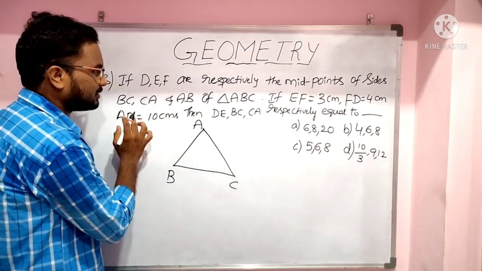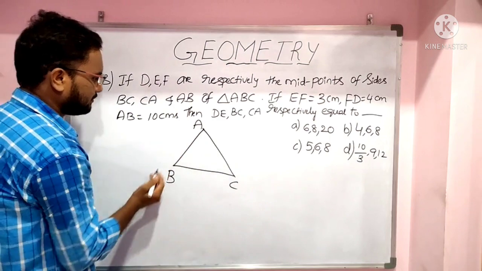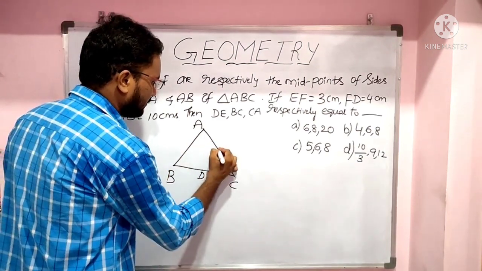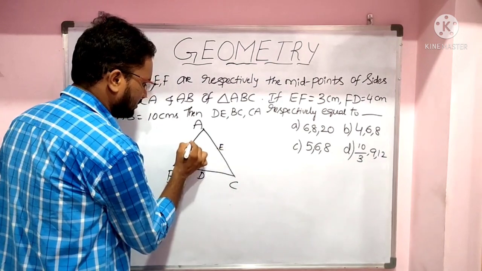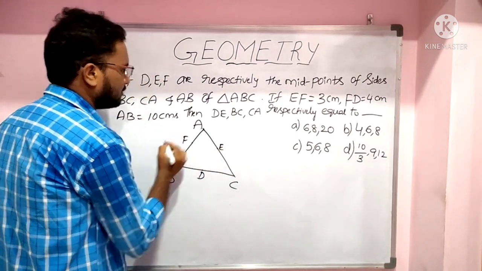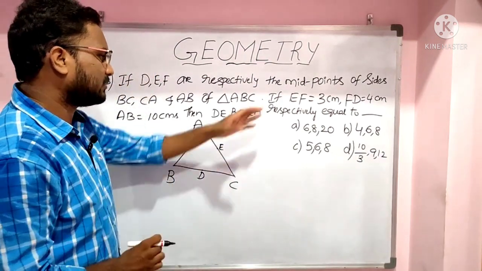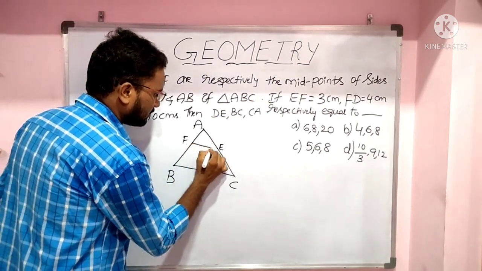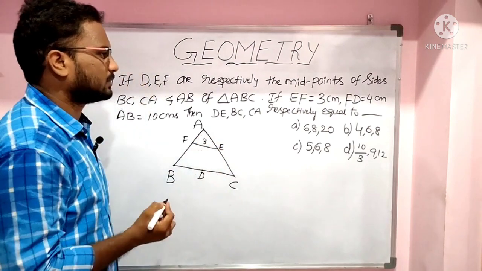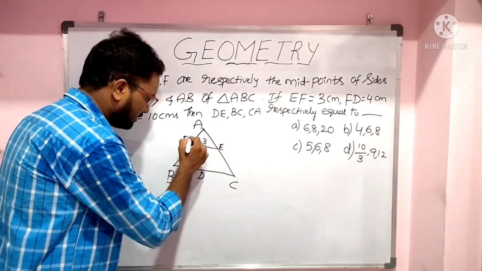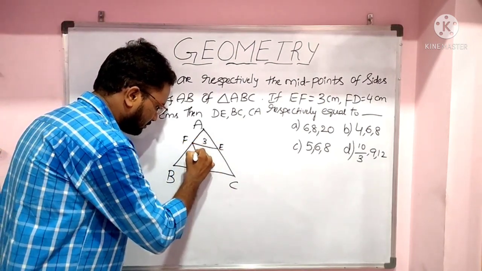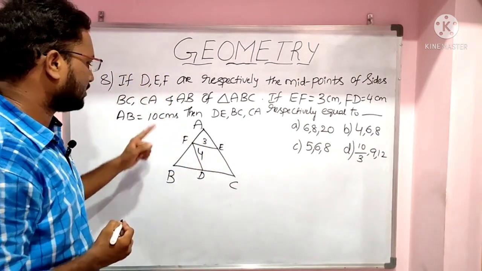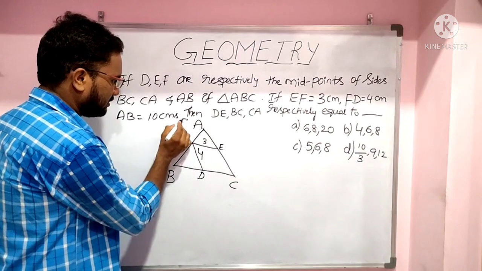If EF equal to 3 centimeters, FD equal to 4 centimeters, and AB equal to 10 centimeters, this total is 10.